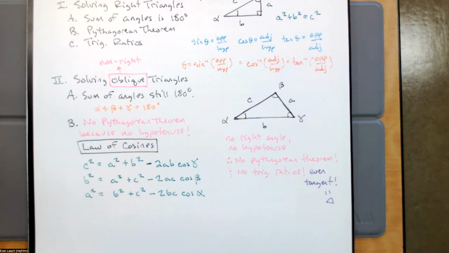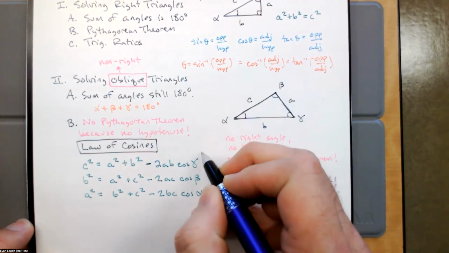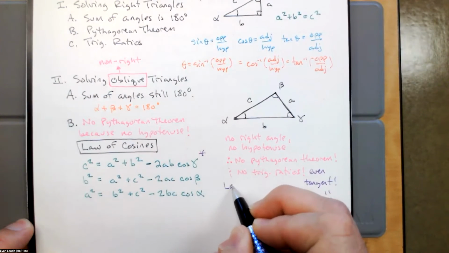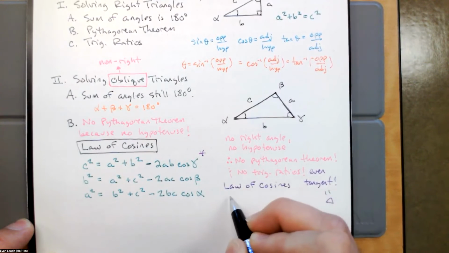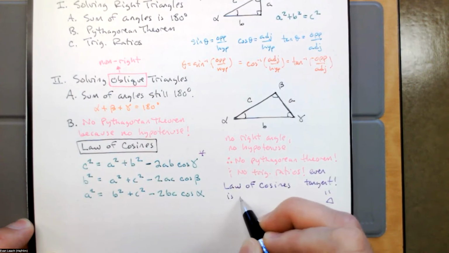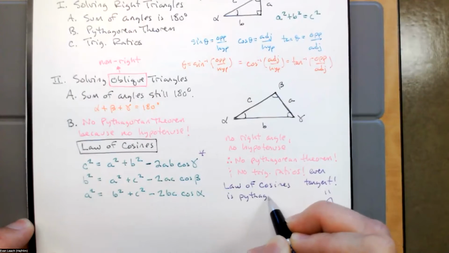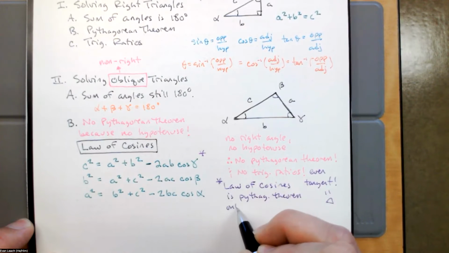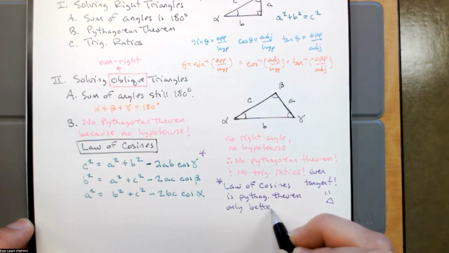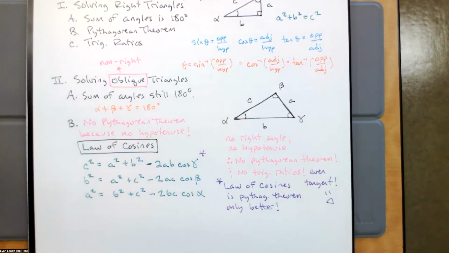The Pythagorean theorem doesn't apply. So if gamma is equal to 90, the law of cosines is equal to the Pythagorean theorem. The law of cosines is the Pythagorean theorem, only better.